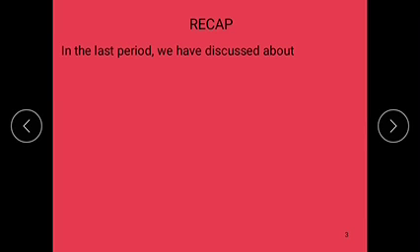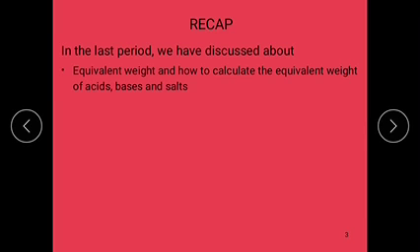In the last class, we discussed some concepts, that is, equivalent, how to calculate the equivalent weight of acids, bases and salts, and also what the equivalent weight is.